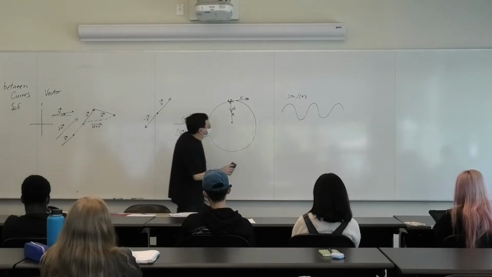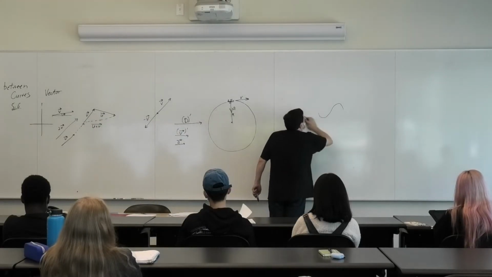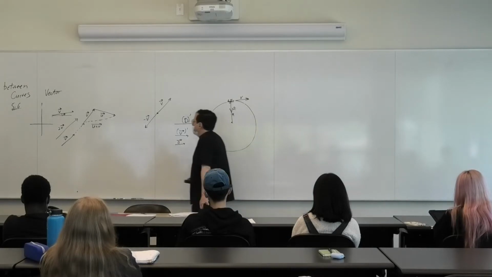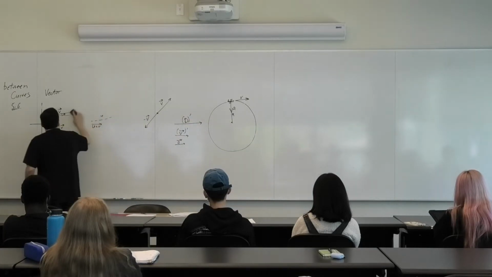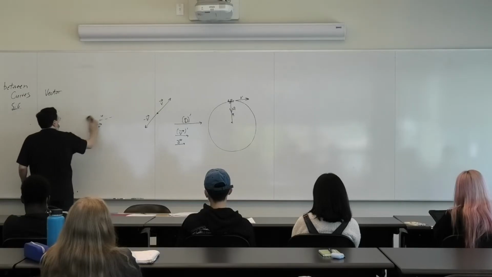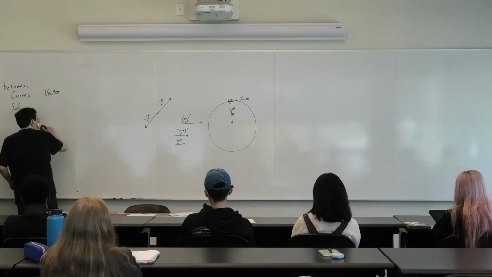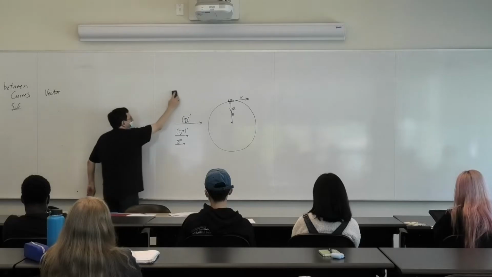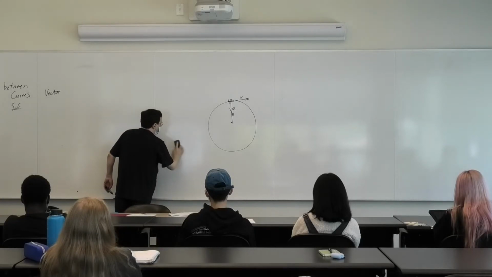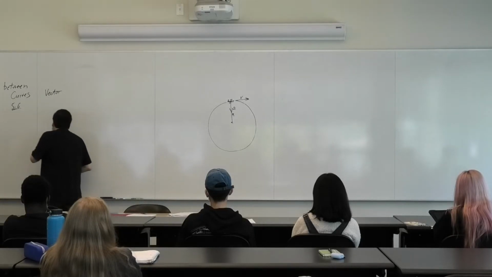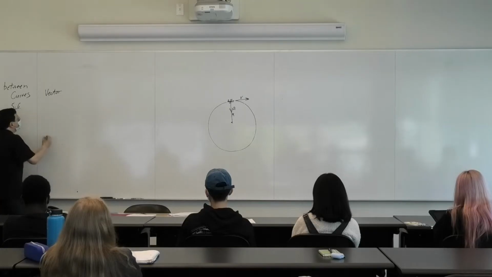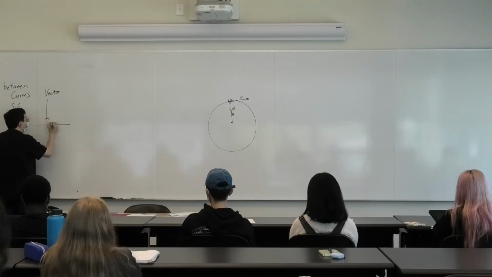There's one more thing about vectors I want to point out before I go off the wall entirely. Because of this feature of being able to add vectors and multiply them, we could start with two particular vectors. We call them i and j.